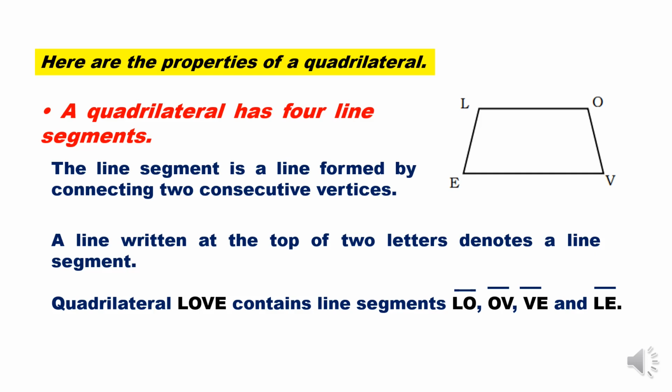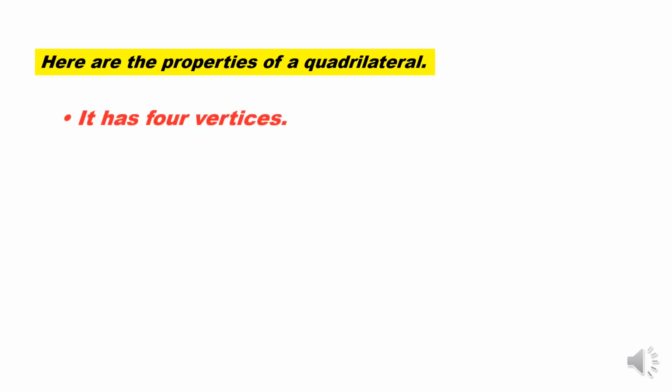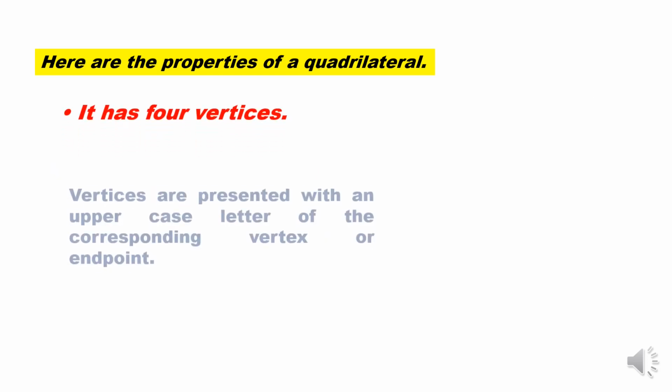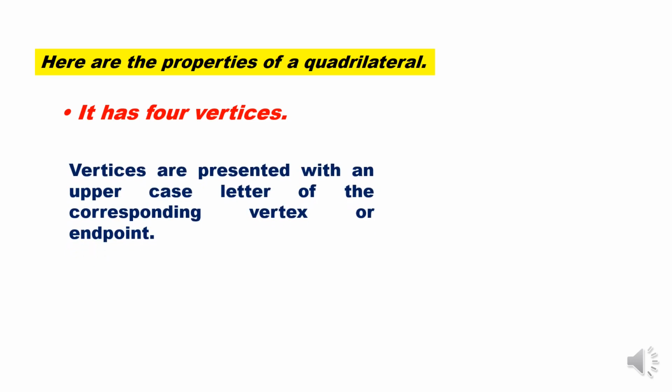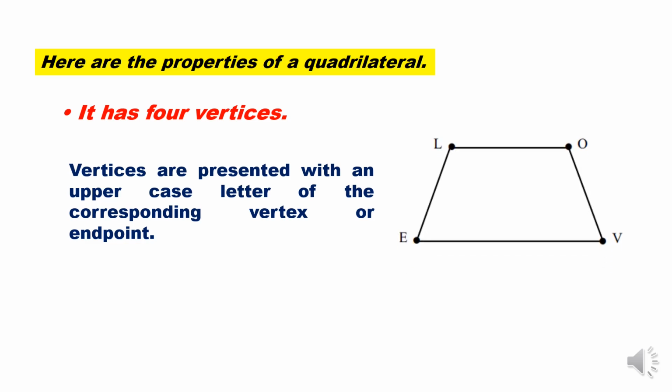Quadrilateral LOVE contains line segment LO, line segment OV, line segment VE, and line segment LE. It has 4 vertices. Vertices are presented with an uppercase letter of the corresponding vertex or endpoint.